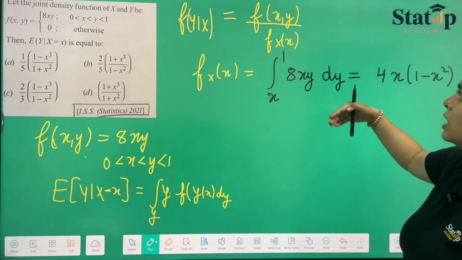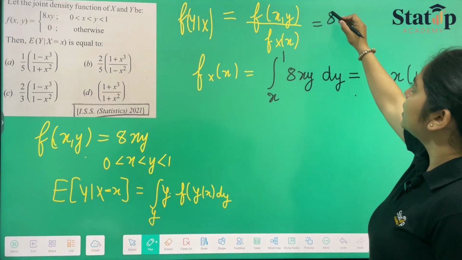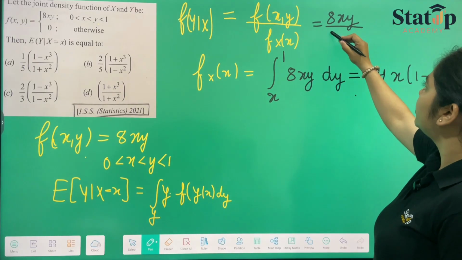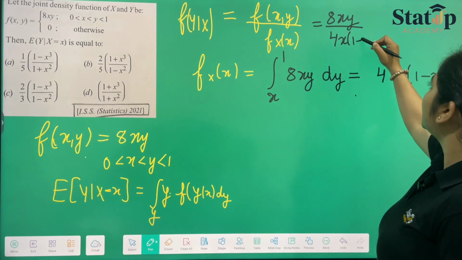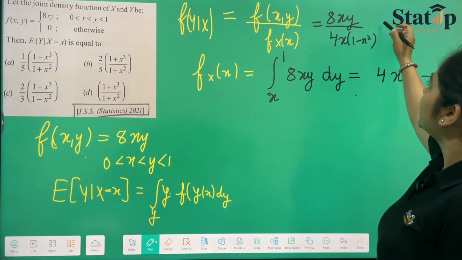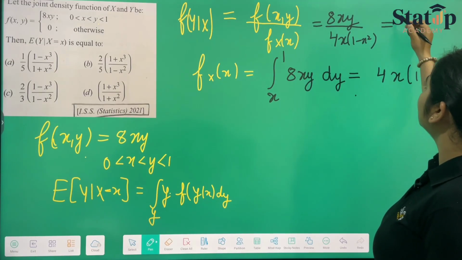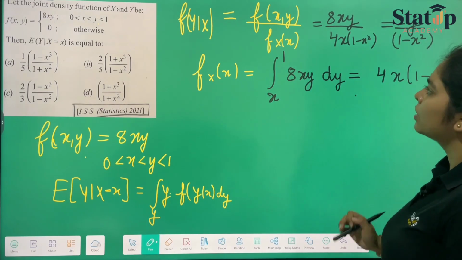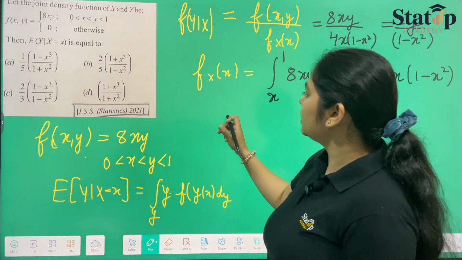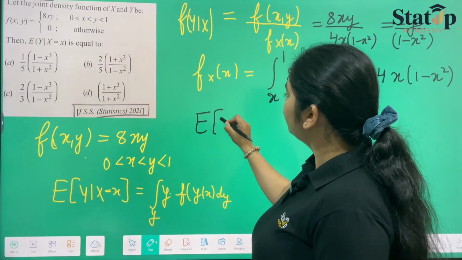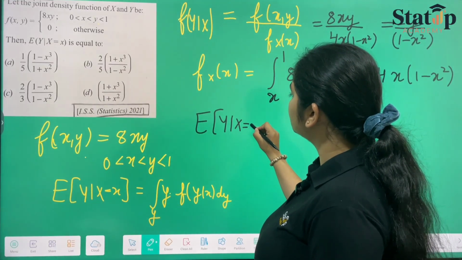Now keeping it here, it will be 8xy upon 4x into 1 minus x square. And cancelling the terms, we will be getting 2y upon 1 minus x square. So now calculating our expectation of y given x equals x.